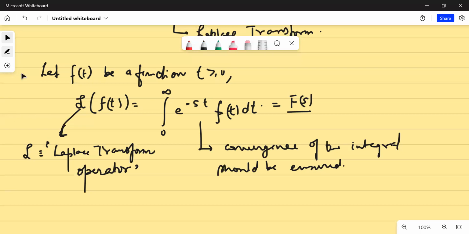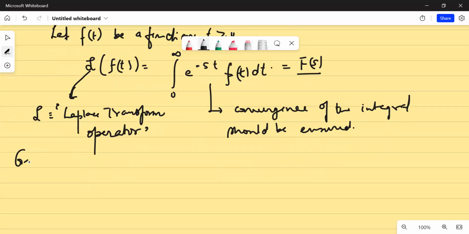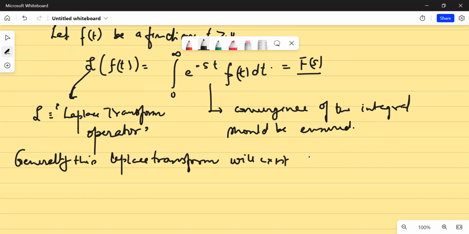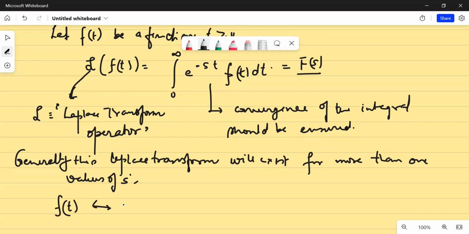Generally this Laplace transform will exist for more than one value of s, and this is something that we are going to see further. You can also see that there exists a one-to-one correspondence between the function f(t) and the Laplace transform.